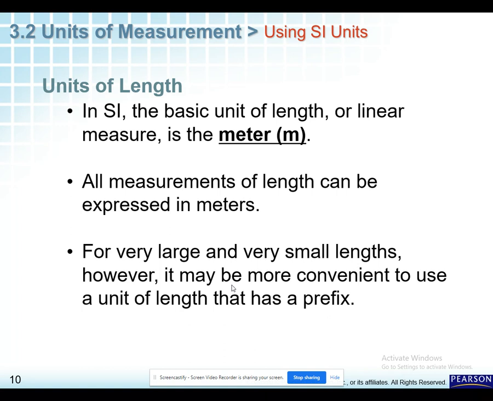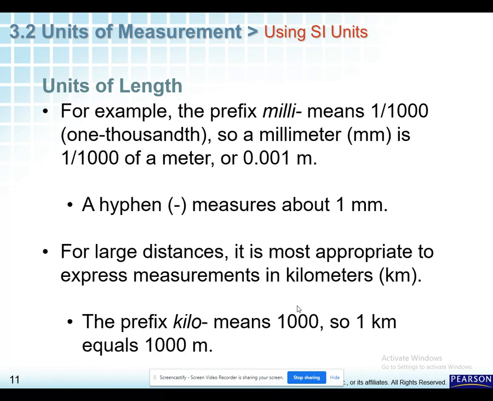Now let's go back and talk about all those base units and what they mean. For the SI, the base unit for length that we talked about was meter. So all measurements of length can be expressed in meters. However, sometimes there are very, very long lengths and distances, and very, very small ones, so sometimes we might use a prefix.